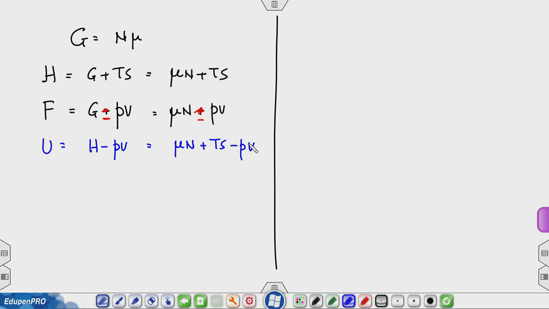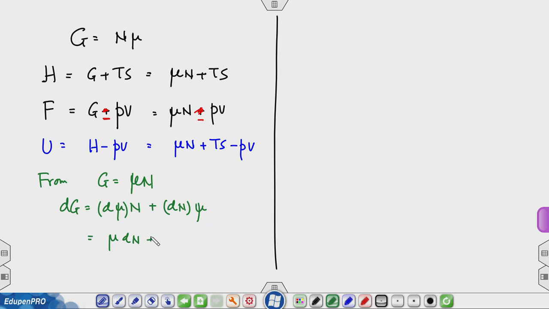And from here, from G equals mu N, you get dG equals d mu N plus dN mu, and this is equal to mu dN plus V dP minus S dT.